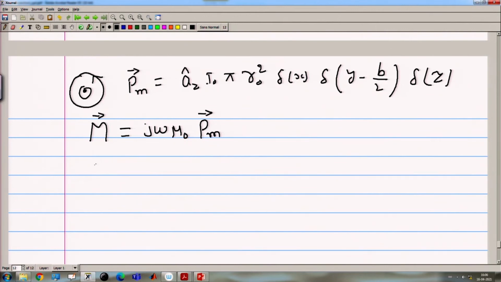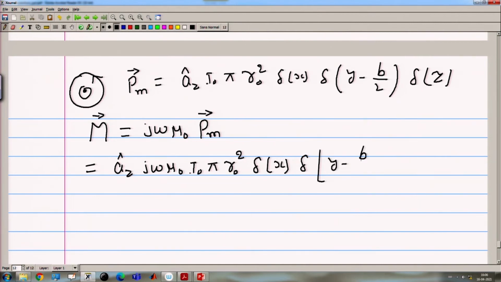So, this will be Az j omega mu naught I naught pi r naught whole square del x del of y minus b by 2 into del of z. So, this will be the equivalent magnetic source. So, M will be j omega mu naught Pm bar, this vector.